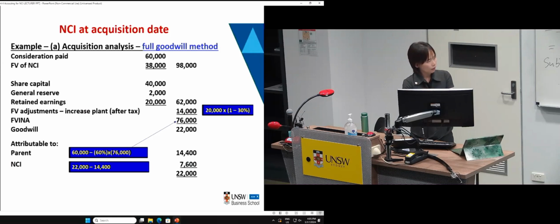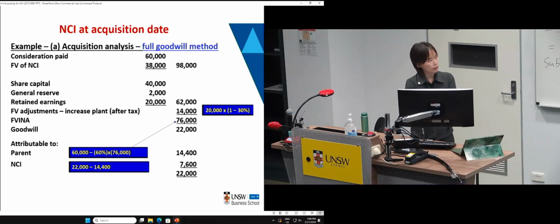Then we have a look at the goodwill we should allocate to the parent. This should be recorded in the pre-acquisition entry, right? And the goodwill allocated to NCI, we recognize in the step 1 NCI entry. Now, for the goodwill acquired by the parent, we can use the consideration paid by the parent minus net assets acquired. The consideration is given as 60,000. The net assets acquired is 76,000 multiplied by 60%, because the parent has acquired 60% of the shares in the subsidiary.